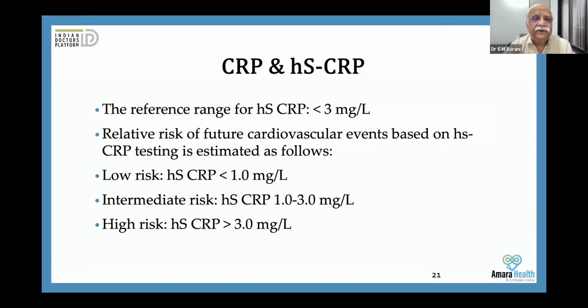That inflammation gives rise to HSCRP. So all chronic ailments, especially atheromatous plaques, have inflammation within, and that is the genesis of HSCRP and the rationale of using HSCRP for predicting coronary artery disease.